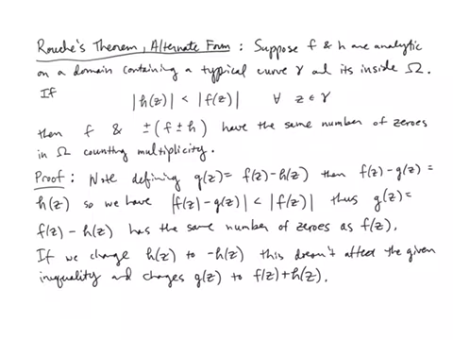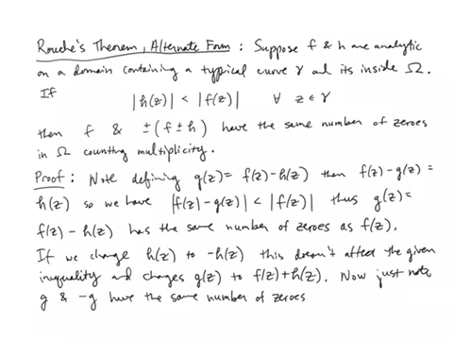Right, so now just note g and negative g have the same number of zeros. To get the conclusion for negative f plus or minus h.